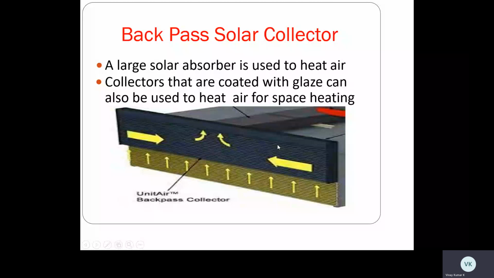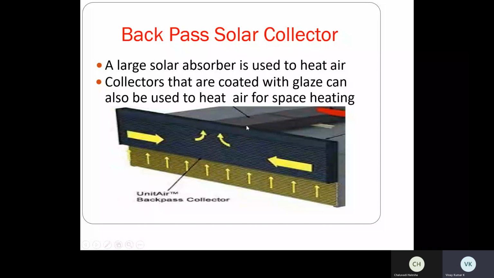So you can see here in the backpass collector, a structure is made such that air is allowed to pass through the absorbing materials, and a solar absorber is used to heat air. Mainly in flat plate air collectors, the air is used for transferring the heat.